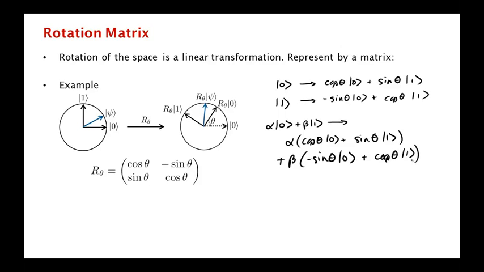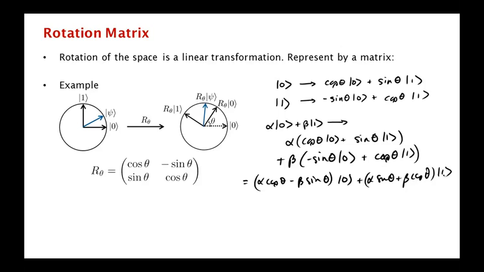Right, and you can of course simplify this, and you get alpha cosine theta minus beta sine theta times 0 plus alpha sine theta plus beta cosine theta times 1.